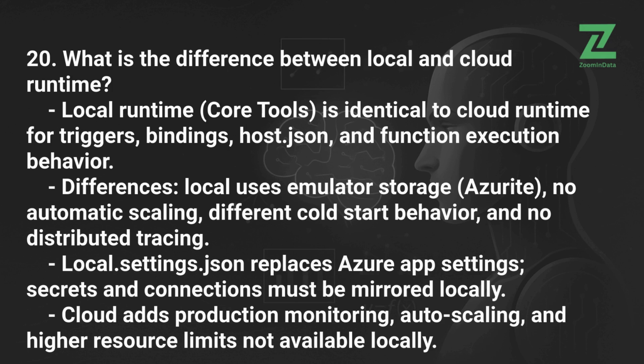No automatic scaling, different cold start behavior, and no distributed tracing locally. local.settings.json replaces Azure App Settings. Secrets and connections must be mirrored locally. Cloud adds production monitoring, auto-scaling, and higher resource limits not available locally.